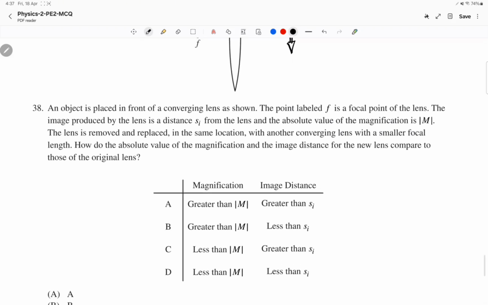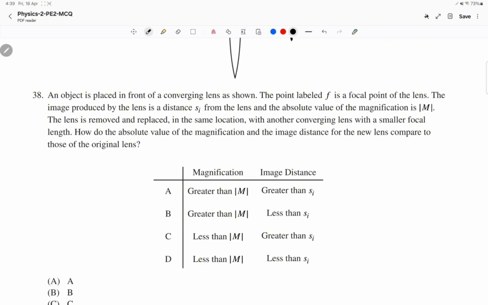How would that change things? So look, 1 over F equals 1 over SI plus 1 over SO. The focal length is less, but the SO is the same, right? The object has not changed in terms of distance.